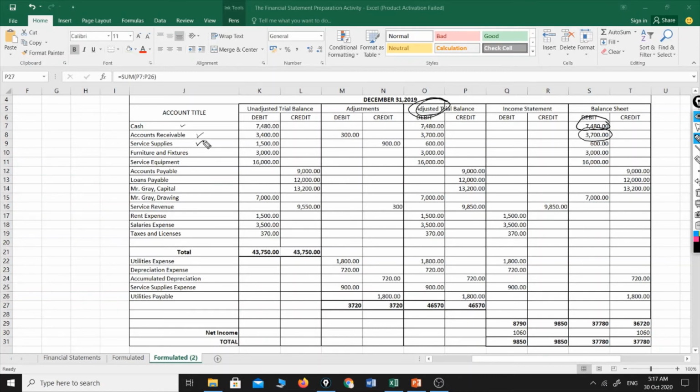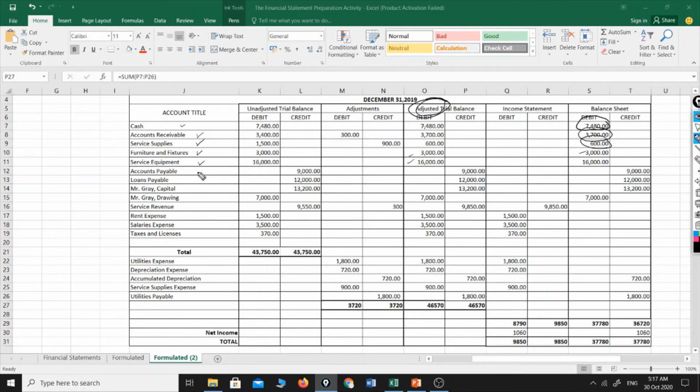Supplies is an asset. So its amount, 600 debit, will also be transferred to the balance sheet, 600 debit. Okay. Furniture and fixtures, of course, it is an asset with an amount of 3,000. So we extend that one to the balance sheet column debit. Next is service equipment. Equipment again is an asset, 16,000. So we put 16,000 debit on the balance sheet section.